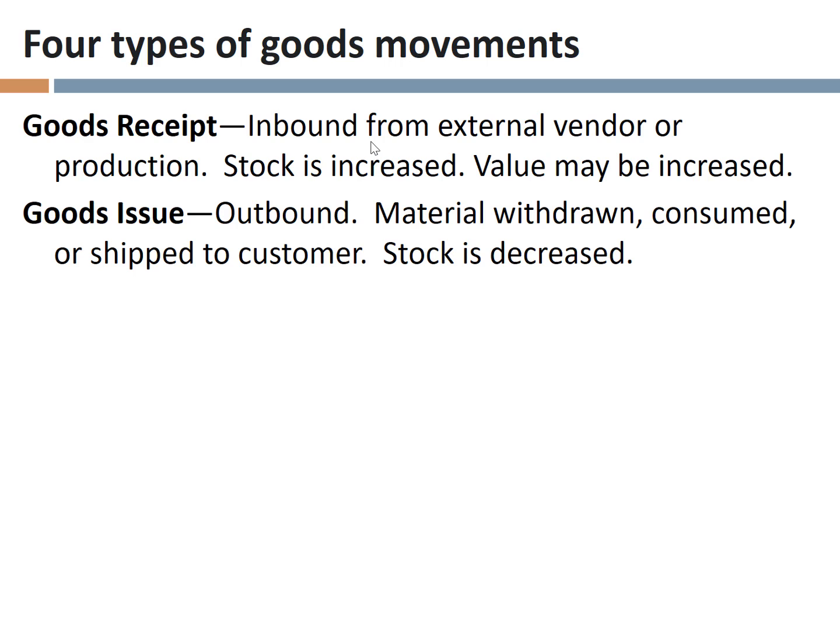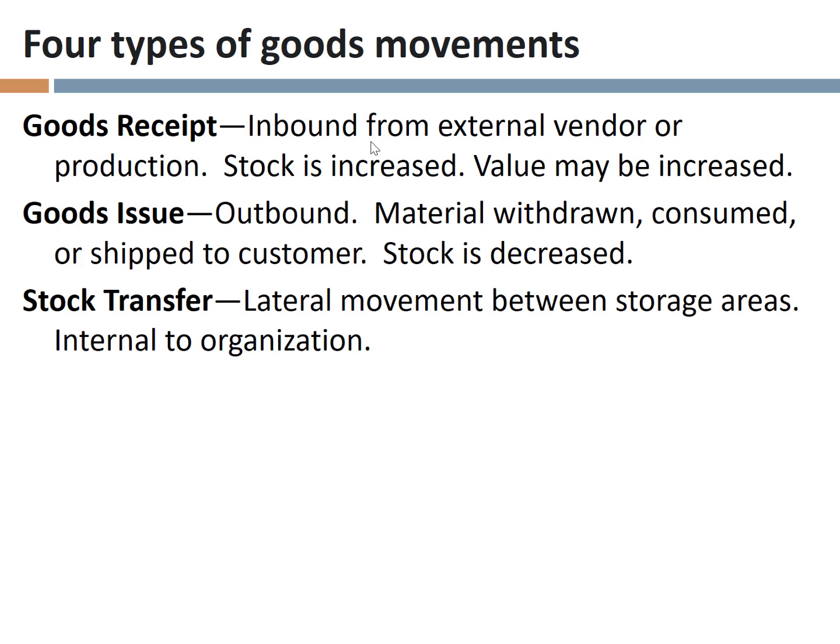And those are different material movement numbers. So goods issue is an outbound movement of goods. The material's withdrawn, it's consumed, it's shipped to the customer. So in that situation, the stock is decreased. And of course, although it doesn't say it there, the value may be decreased as well if the item in question was a valuated or stock material.